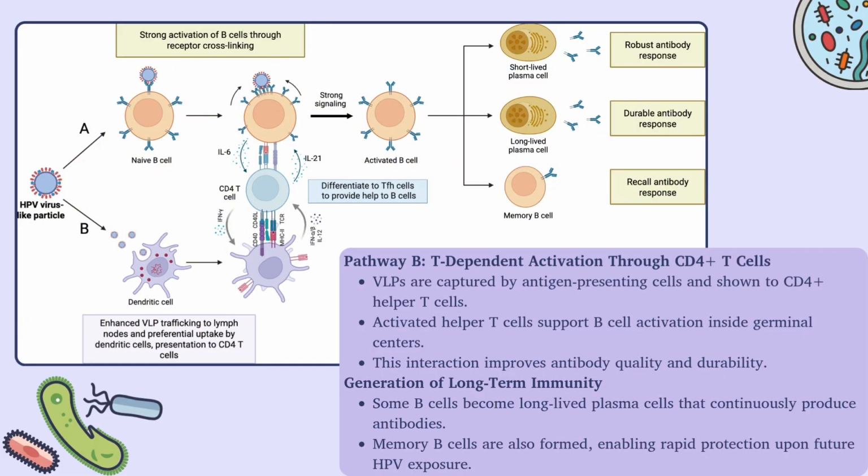As a result, some B cells become long-lived plasma cells that continuously produce high-affinity antibodies for years. At the same time, memory B cells are formed, allowing a rapid response if HPV is encountered again. Together, these mechanisms explain the strong and durable antibody response induced by the HPV vaccine.